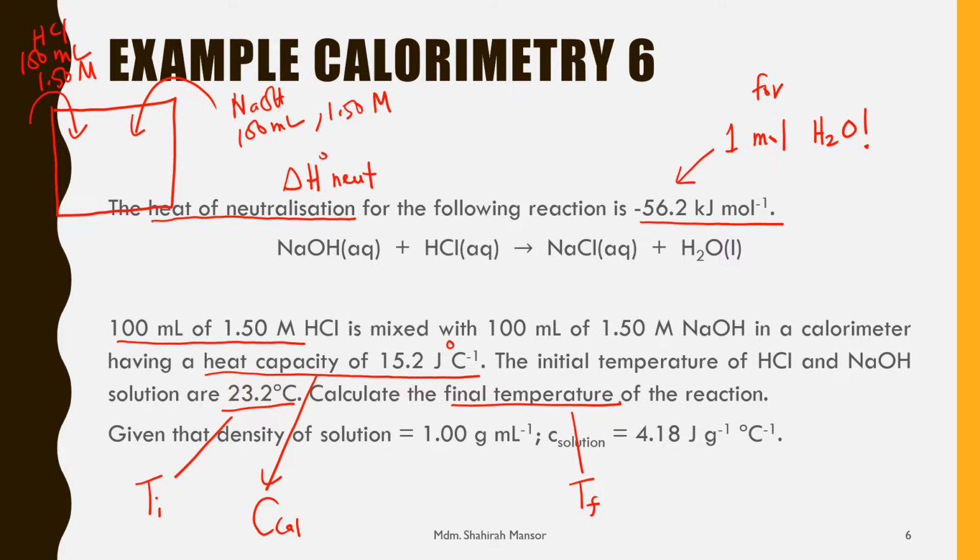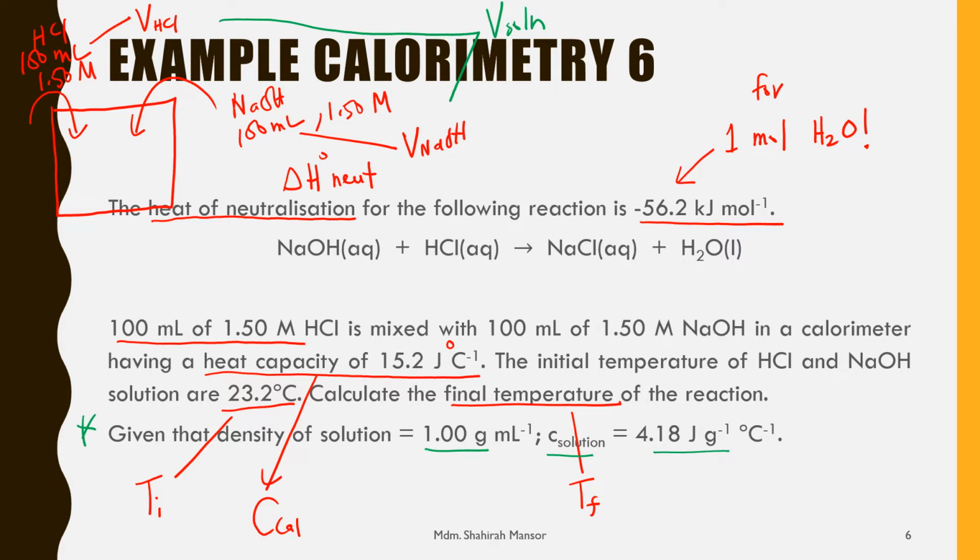So dalam soalan ini, kita dah ada, this is V of HCl dan kita ada di sini V untuk sodium hydroxide. So daripada dua-dua nilai ini, you boleh cari V of solution. Okay, and then given that the density of solution is given like this and specific heat capacity of the solution pun diberi seperti ini.